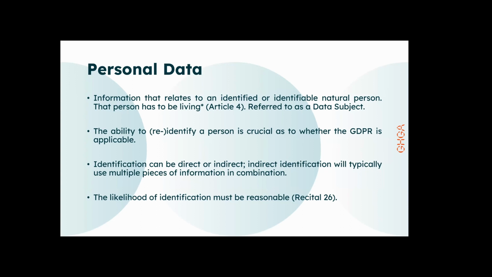It's something perhaps people don't think about too much. There's a trend for people to think that any likelihood of identification means it's a problem, but recital 26 is very clear that it's about what's reasonable, and if it is only hypothetically possible to identify someone, that doesn't necessarily mean it's personal data.